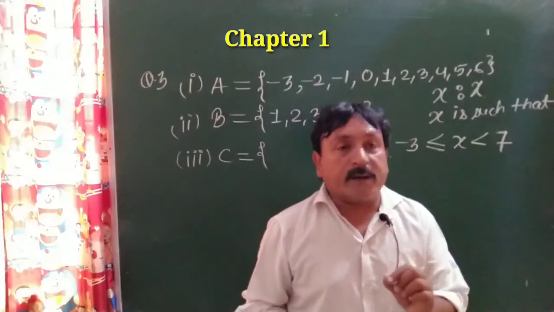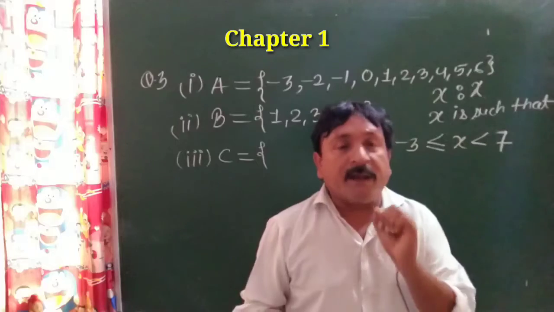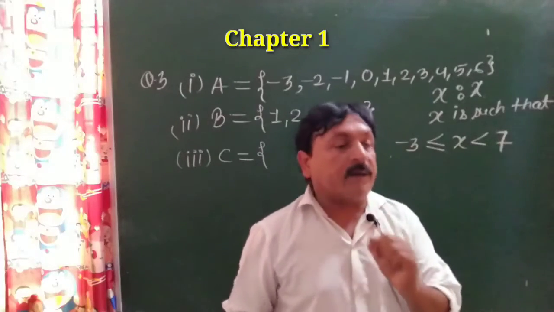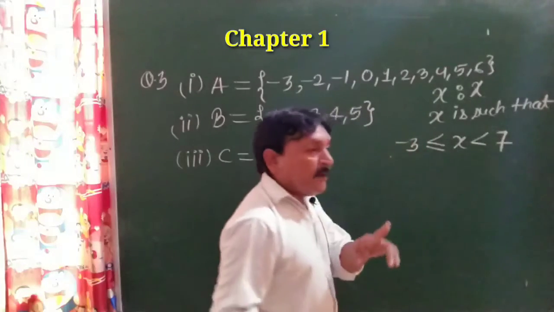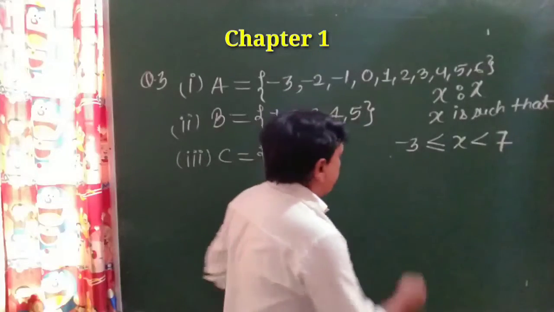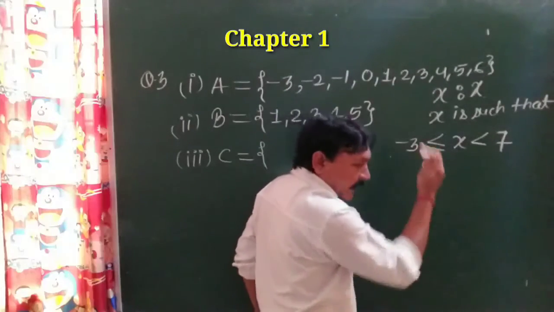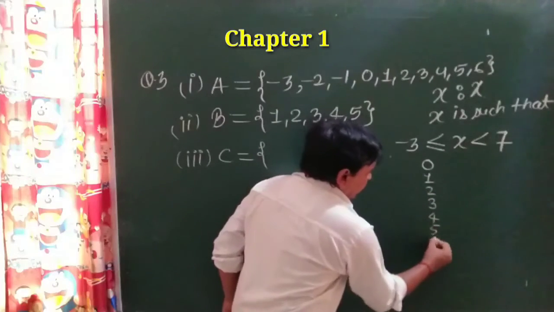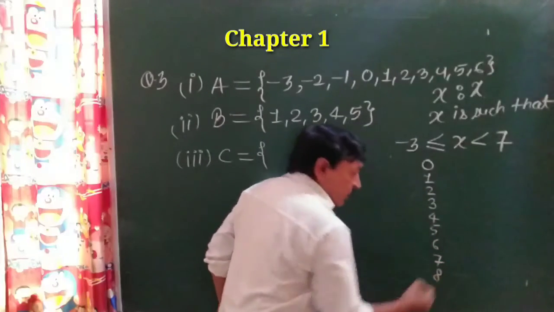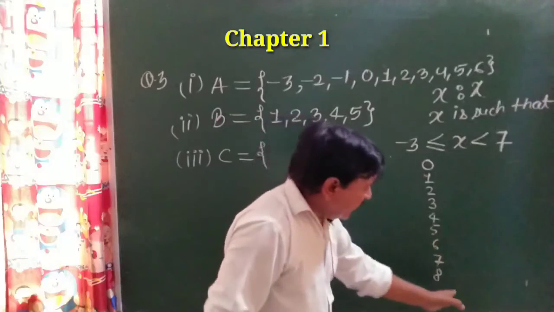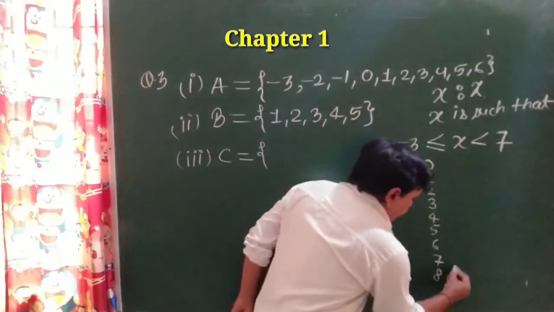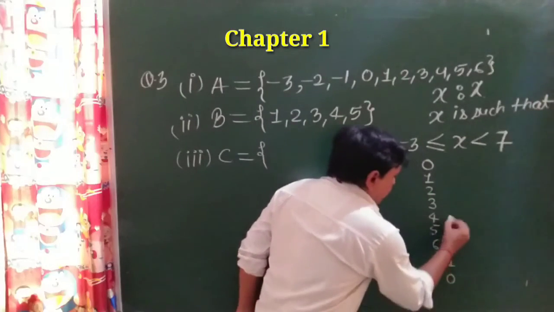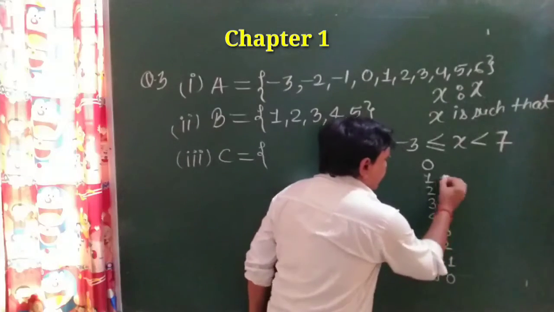So how to do it? There is one method, one trick. We need a sum of 8, so from 0 write the counting up to 8: 0, 1, 2, 3, 4, 5, 6, 7, 8. Now write this counting in reverse order below it.